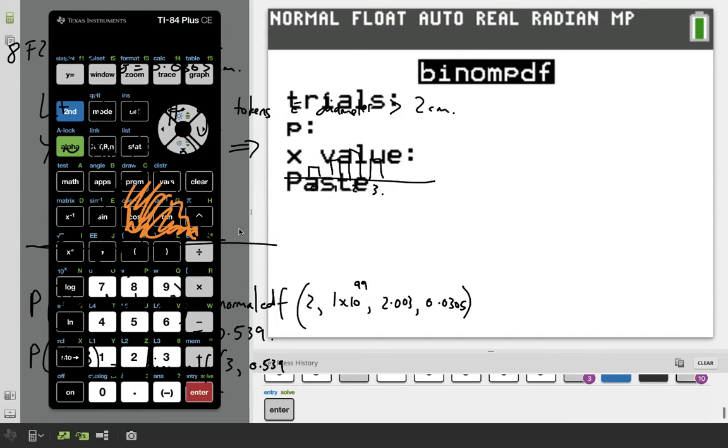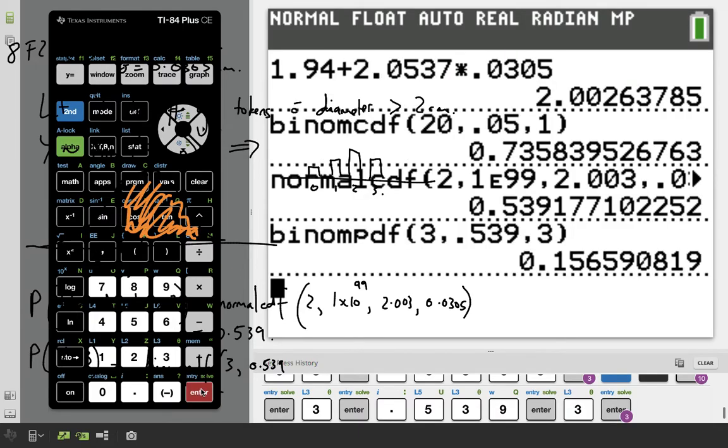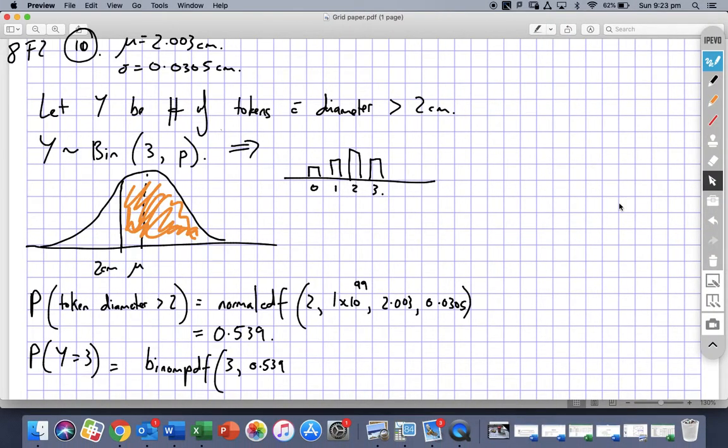There we are. Trials 3. P 0.539. X value 3. And we get 0.1565. Which isn't really that high, is it?